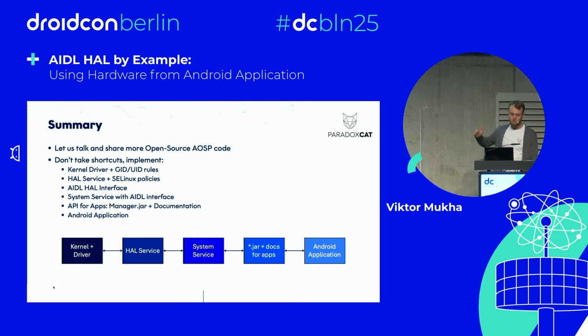So in this case, your Android application is really a normal Android app, didn't need any specific permissions, although you could define some. The system service is on the system partition, the HAL service is on the vendor partition. Everybody's happy, everything is independent.